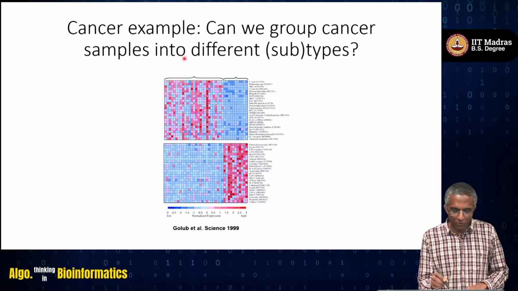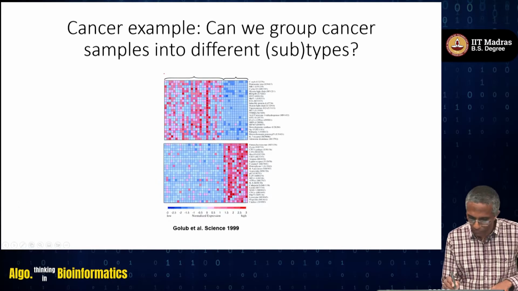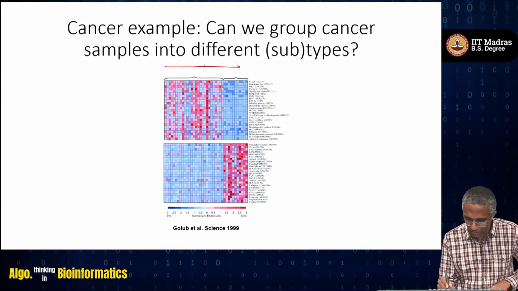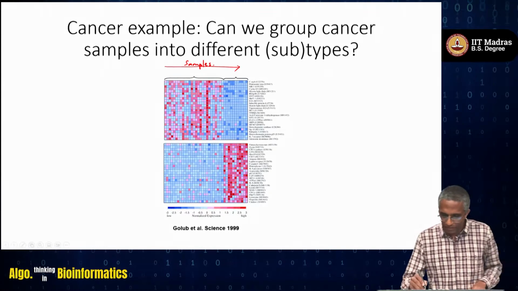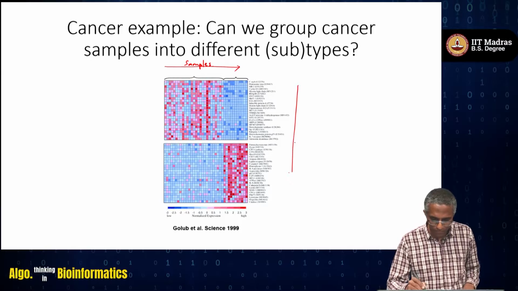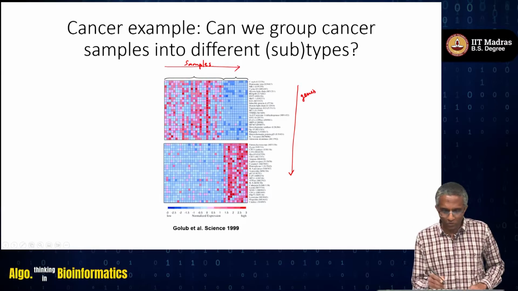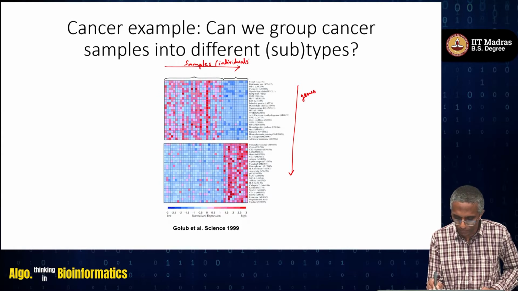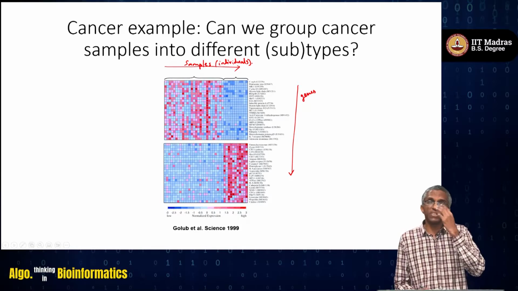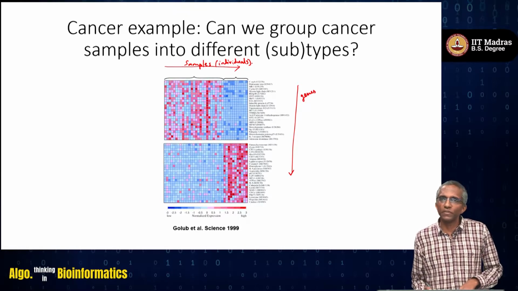What we have here is all the samples along the columns, and all the genes along the rows. These are samples or individuals, or patients from whom these samples are taken. From each of those samples, we have measured the activity or expression of different genes.